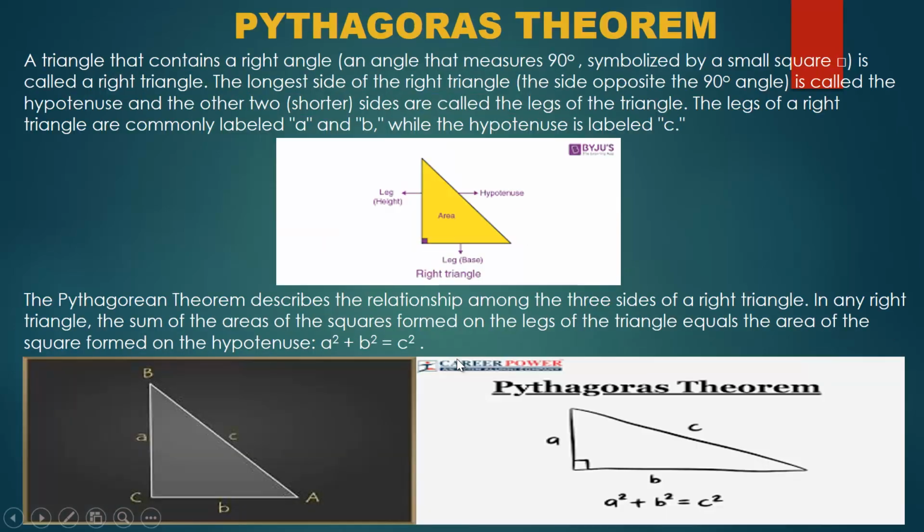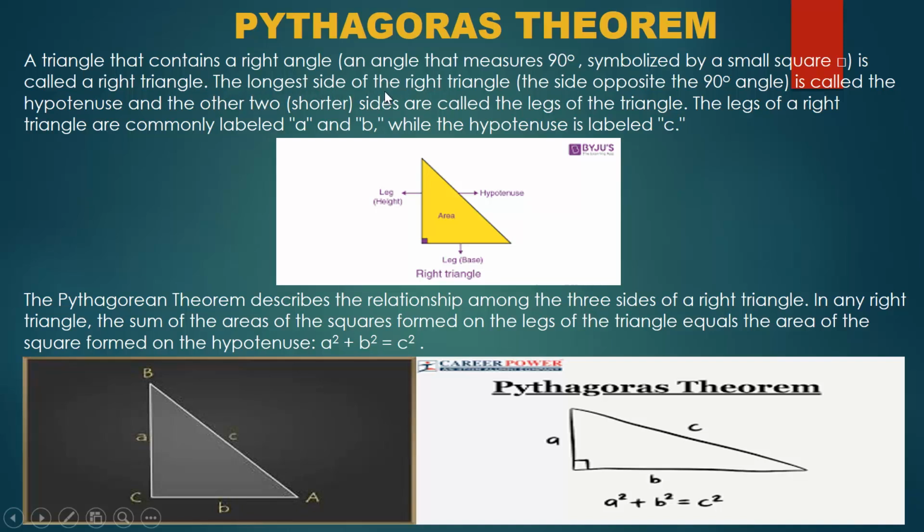Now we move towards the Pythagoras theorem. The Pythagoras theorem is applied on the right angle triangle, and in this theorem we discuss the relationship between the three sides of the right angle triangle. According to the definition, a triangle that contains a right angle, an angle that measures 90 degrees, symbolized by a small square, is called a right triangle.